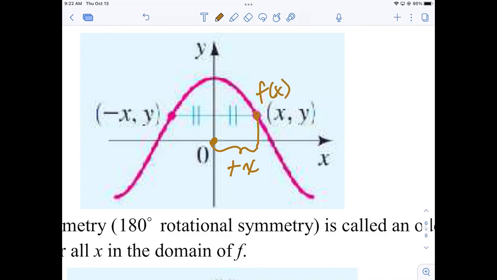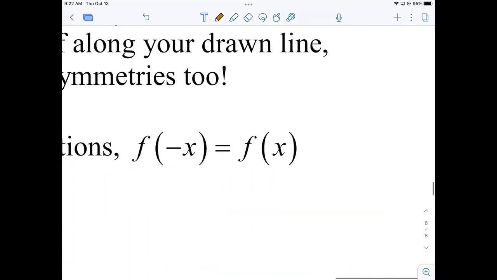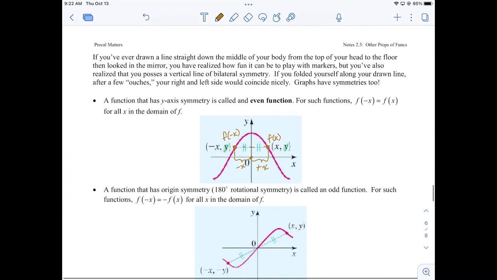And if I plug in the negative version of that, I get out the same value, which is y. They're on the same elevation because of the symmetry. So that leads us to this algebraic test, f of negative x equals f of positive x. And I'll show you how we use that.